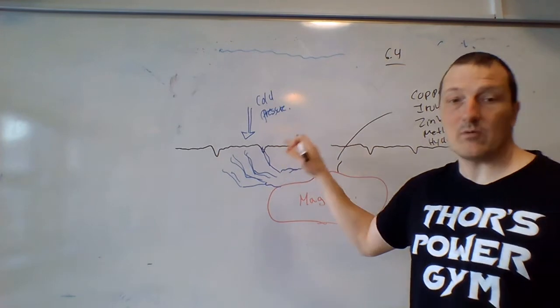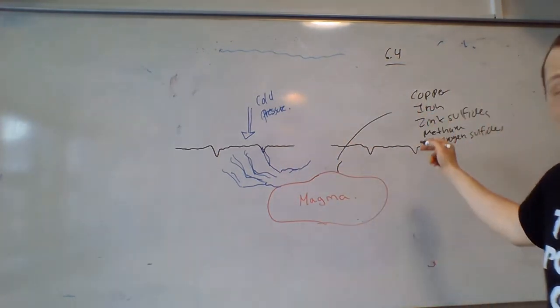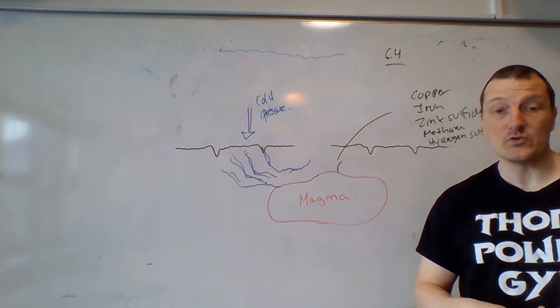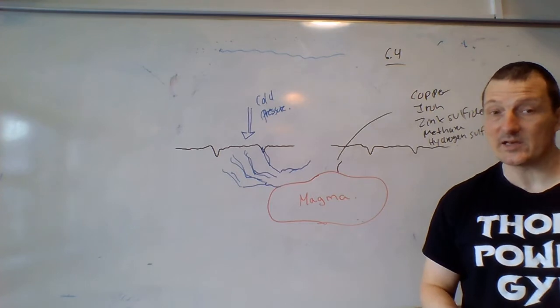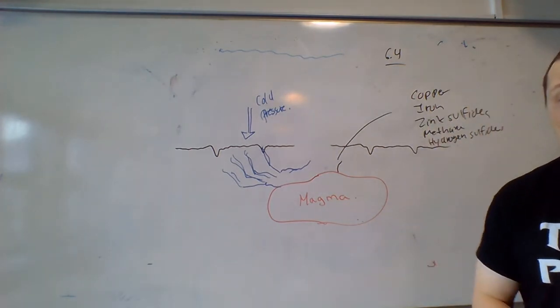So we have now this super hot water filled with metal ions. And again, it's important that Cambridge would like you to remember which ions, not just ions, but to be able to name something like copper, iron, methane.